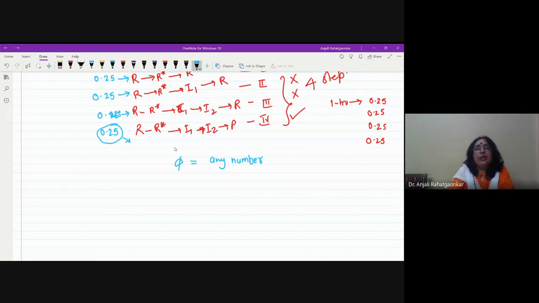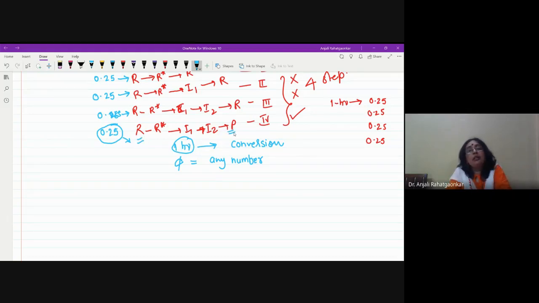It doesn't mean that if I am supplying one photon of energy, that complete energy is absorbed by the molecule and is responsible for the conversion. Here I am bombarding the molecule with one h nu, but I observe that only one-fourth of the energy has been useful for converting reactants into the product.